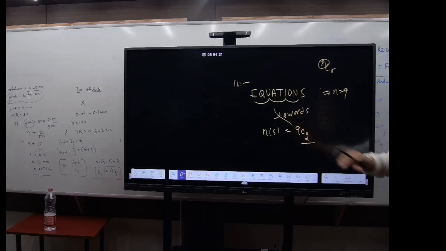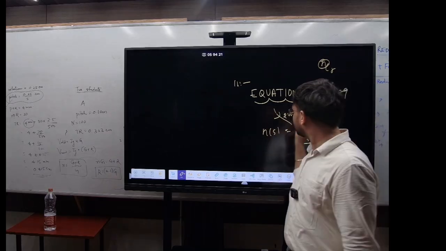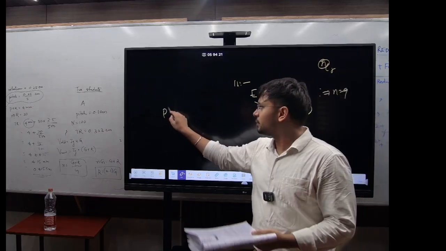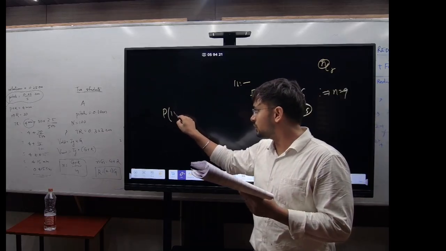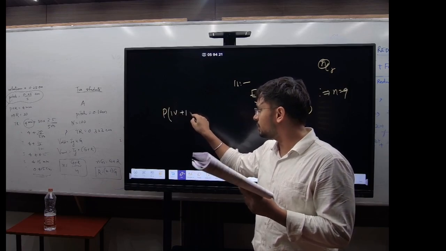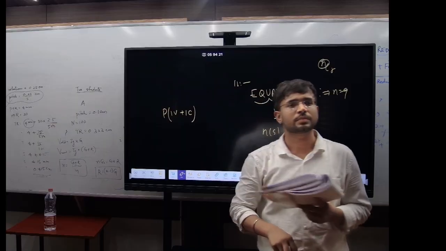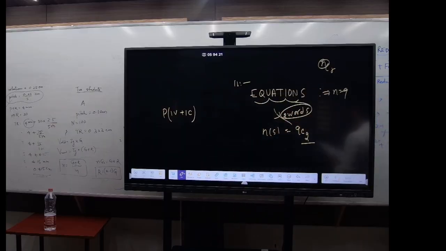Sample space we understood. Now see what the question is. The question is the probability that of these 2 letters which are going to come, one should be a vowel and one should be a consonant.